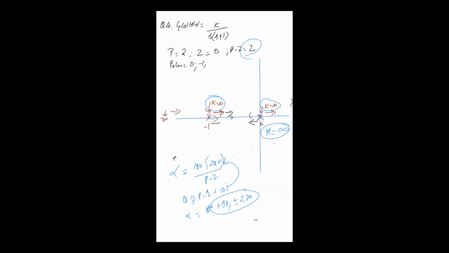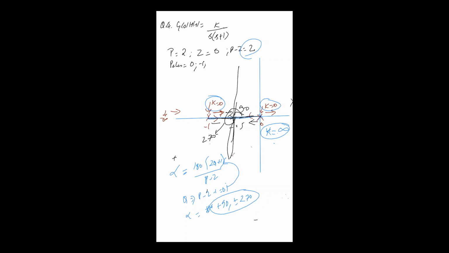Let us suppose this is the root locus branch. This is minus 0.5. This is angle plus 90 degree, and this is angle plus 270 degree. So after intersecting, one branch will move upward, another branch will move downward.